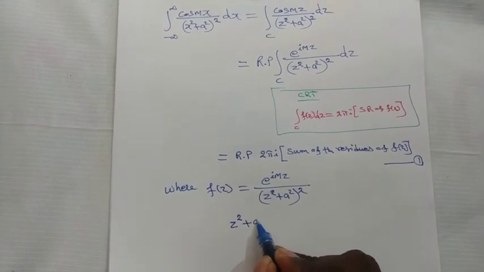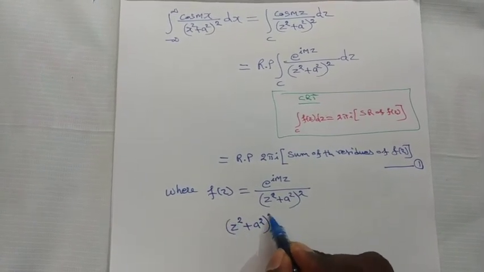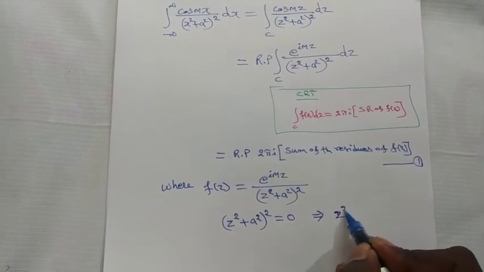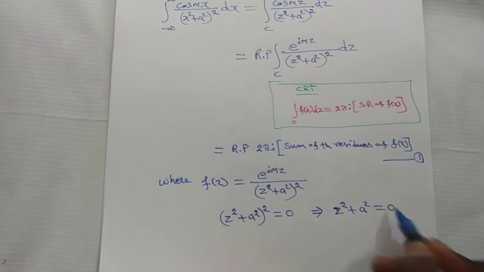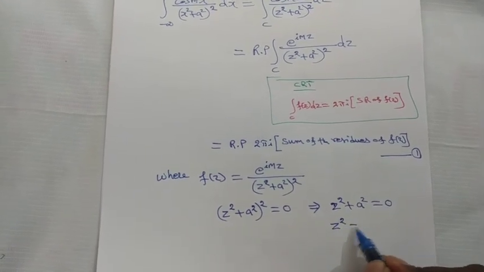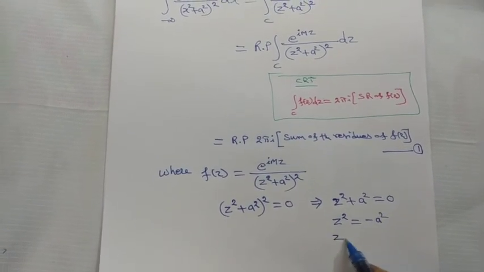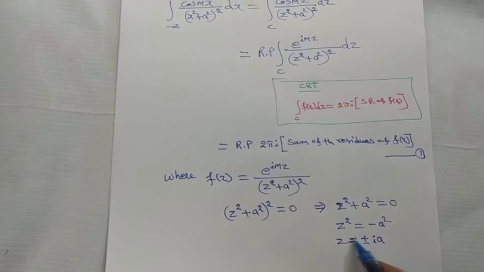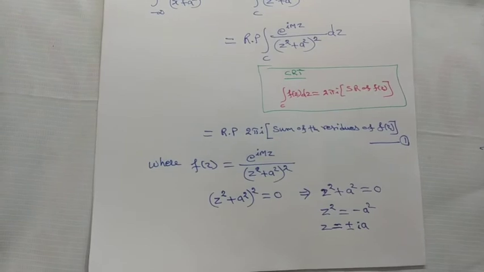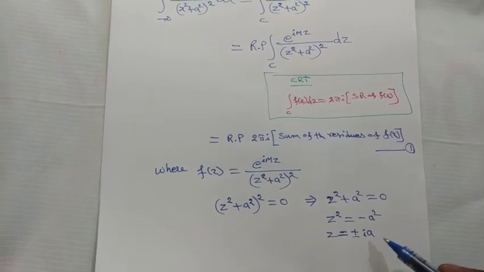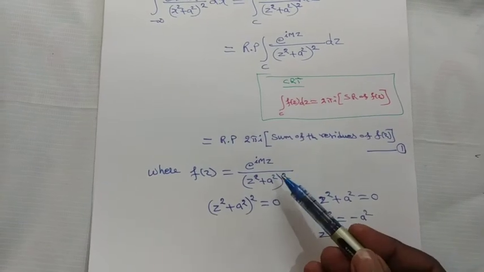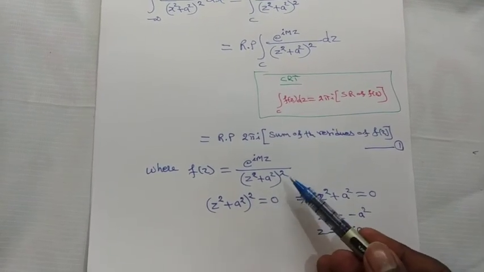So put (z square plus a square) the whole square equal to 0, which implies z square plus a square equals 0, which implies z square equals minus a square. So z equals plus or minus ia. There are two poles, but they are multiple poles, double poles, because the denominator has the power 2.